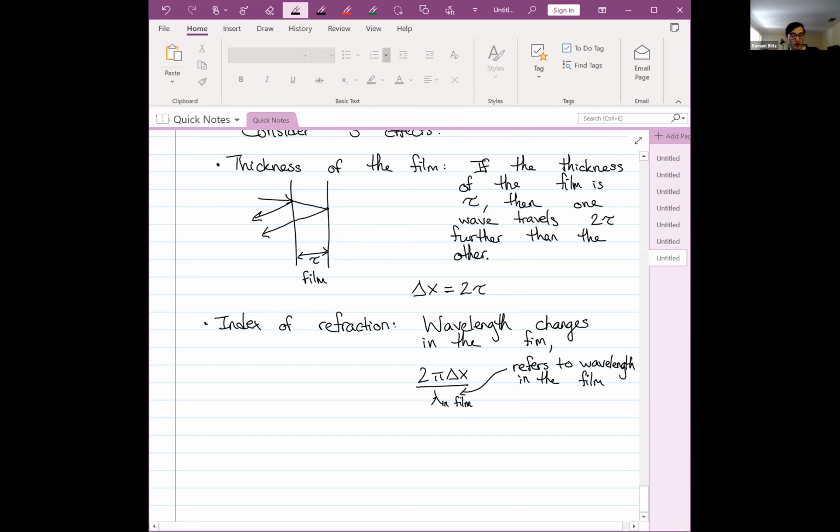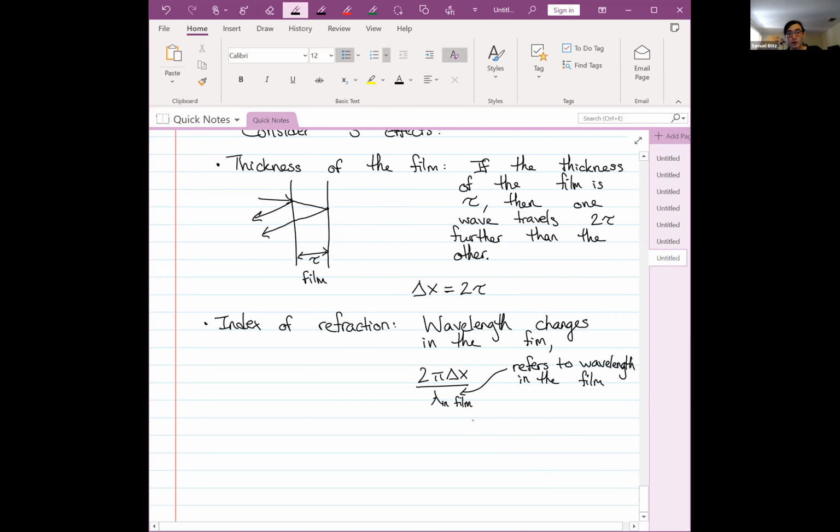So when you're computing this, not only is delta x equal to 2 tau, lambda is a different thing than it was outside of the film. So this, for example, depending on how you label it, lambda in the film might be n times lambda out of the film. It just is the lambda in the film.